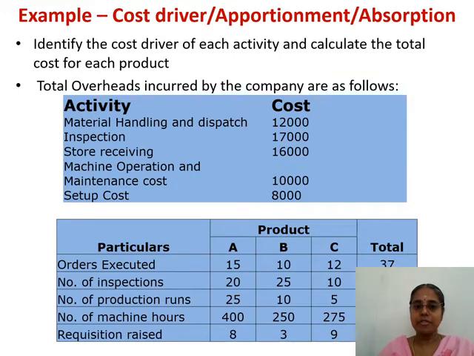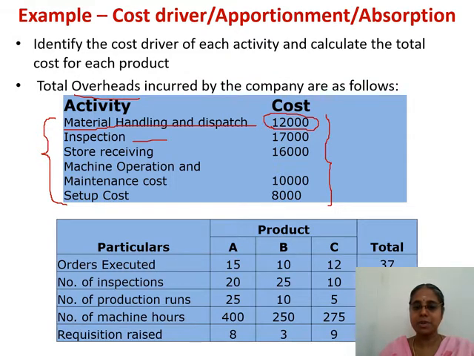We have the overheads: material handling and dispatch cost, inspection cost, stores receiving, machine operation and maintenance cost, and setup costs. We have only 5 costs; I said 6 wrongly. We have various costs for which we don't know which product to assign to and on what basis. So these are the various overheads. There are 5 overheads. It is a common cost.